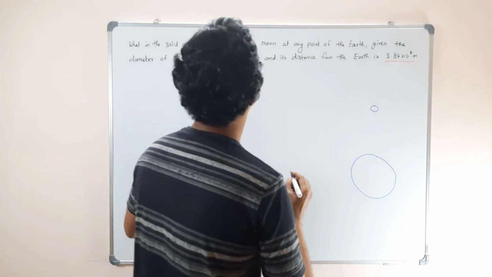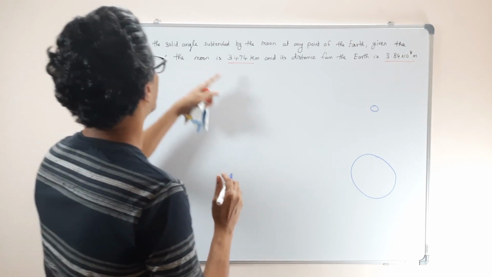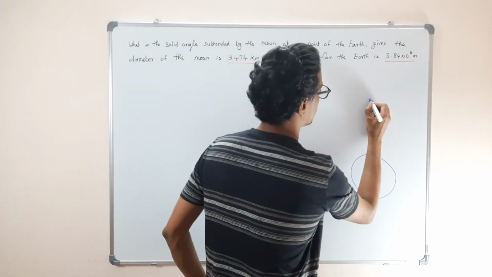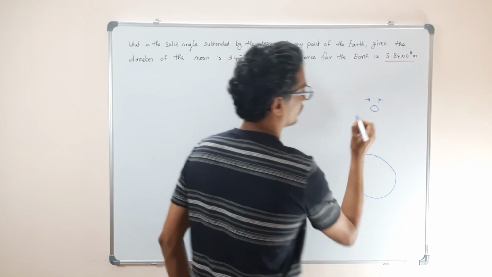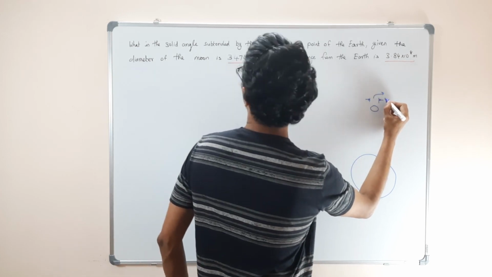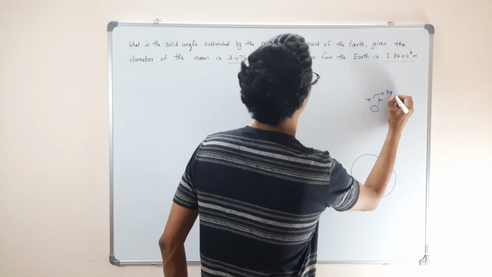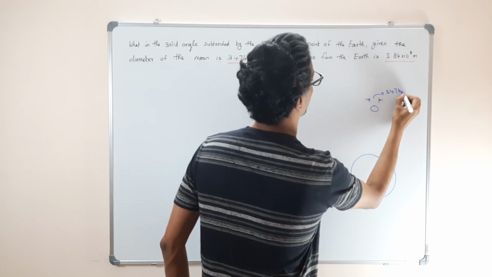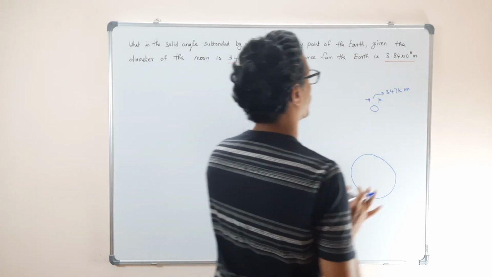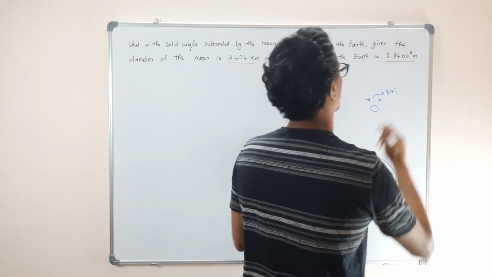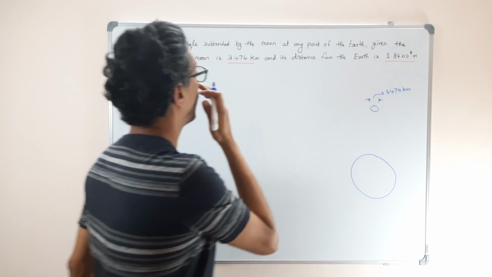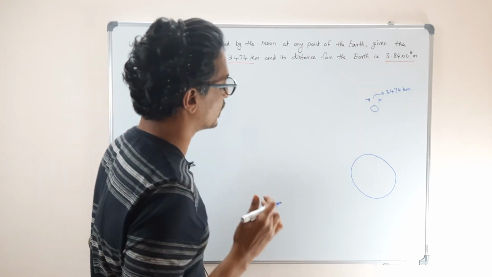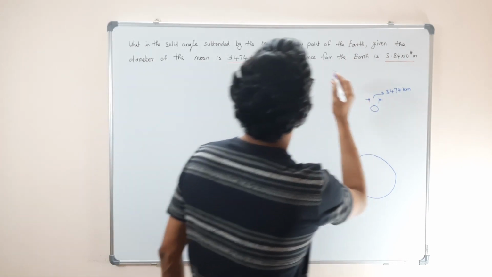The diameter of the moon, that means this diameter, is 3474 kilometer. And its distance from the earth is, I mean, from any point on the earth.